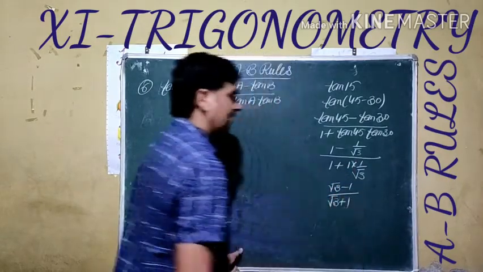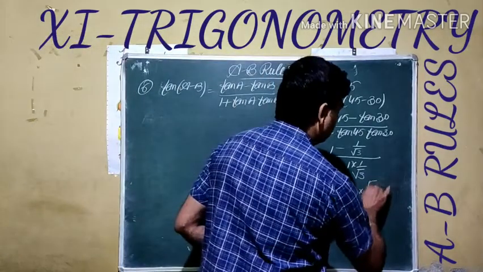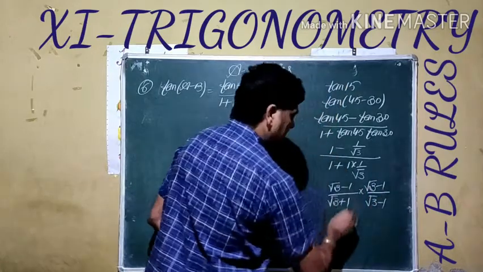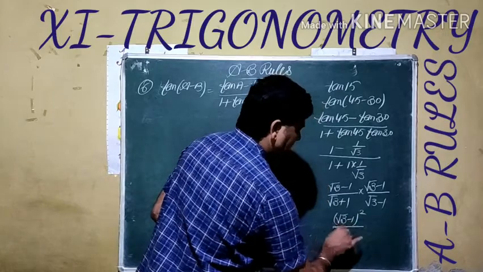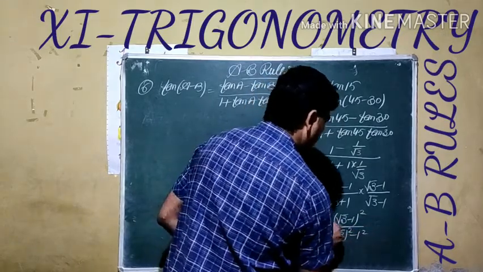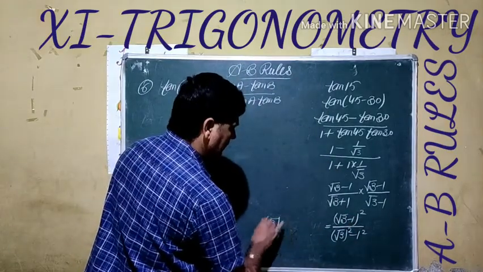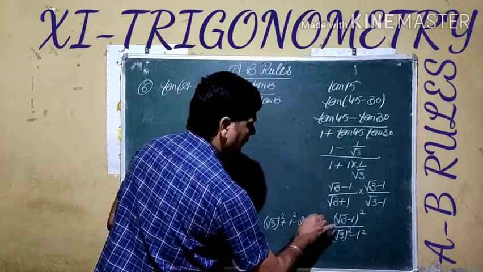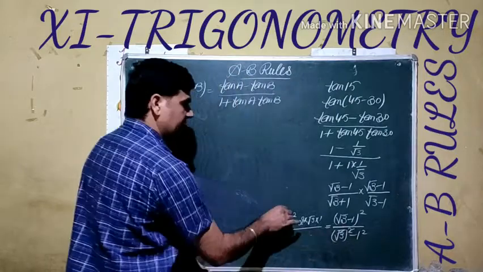As the denominator contains an irrational part, we rationalize it here: square root 3 minus 1 divided by square root 3 minus 1. The numerator becomes the square of square root 3 minus 1. Downside becomes the identity a square minus b square. The numerator is a minus b whole square, so it becomes a square plus b square minus 2ab, divided by overall 3 minus 1, because the square cancels out the square root.